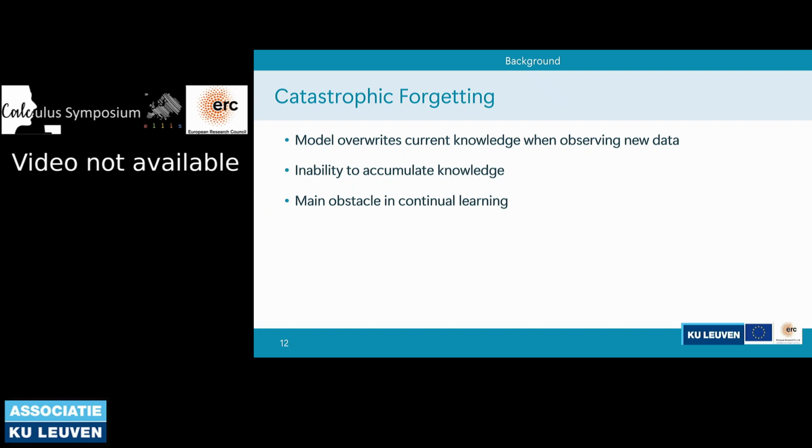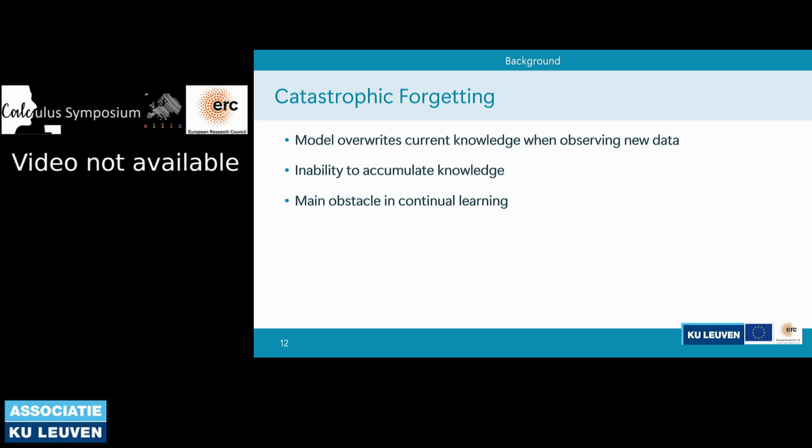The main obstacle in continual learning is a phenomenon called catastrophic forgetting. What happens here is that the model, instead of integrating the new information that it observes into its current knowledge, overrides its current knowledge with the new information.